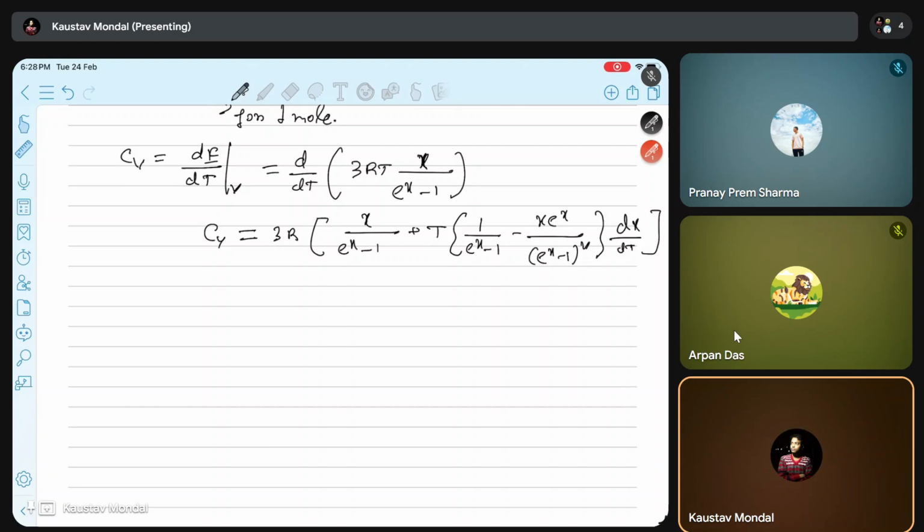Now you can further simplify these calculations, because everything is written in terms of x.